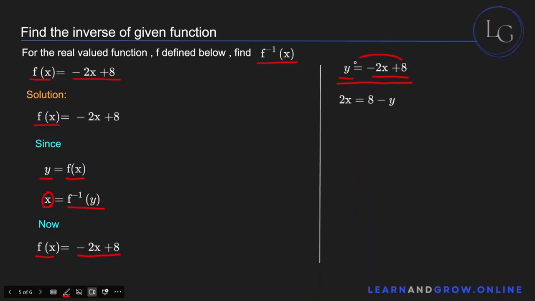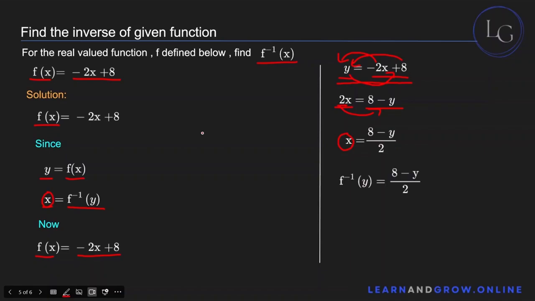First you take this 2x to the left hand side and take this y to the right hand side. So 2x is equal to 8 minus y, and then you take this 2 to the right hand side. So 8 minus y is now divided by 2. So now x is equal to (8 minus y) divided by 2.